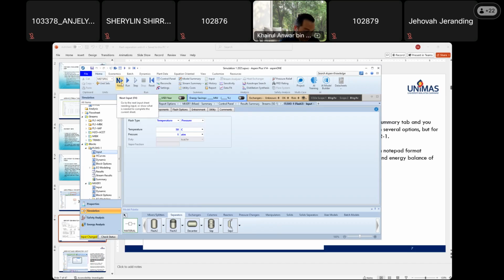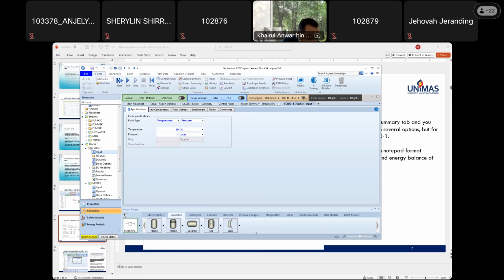So there are 1, 2, 3, 4, 5 types of separator in ASPEN. We have Flash 2, Flash 3, Decanter, Sep, and Sep 2. So the Flash 2 is a two-outlet flash. Determine thermal and phase condition.